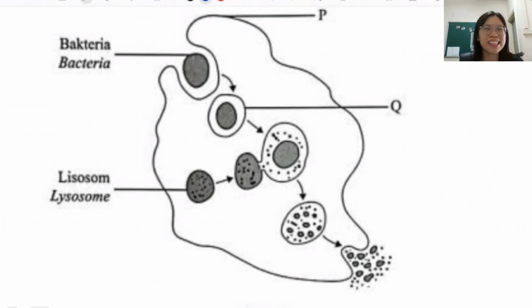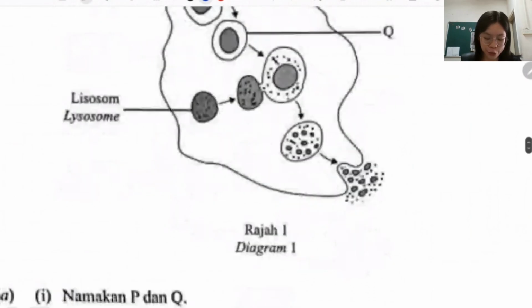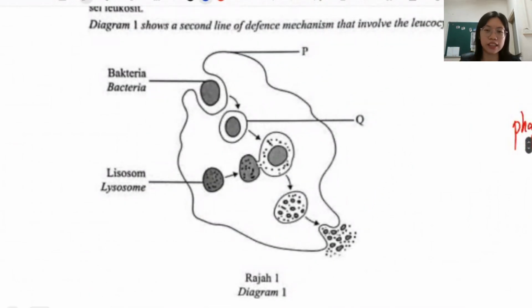It's actually quite similar to how the amoeba species obtains its nutrient. It also requires a pseudopodium to extend and engulf the pathogen, and also requires the lysozyme, the enzyme, to break down the bacterium. So how do you understand the whole process?